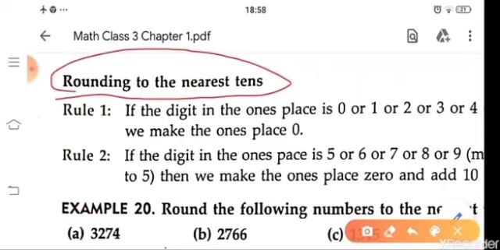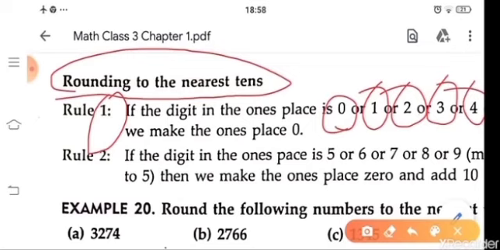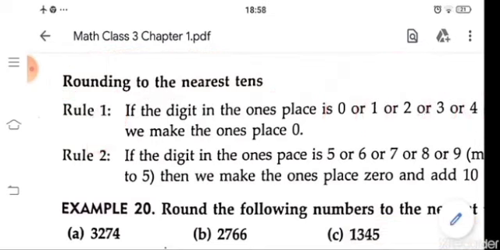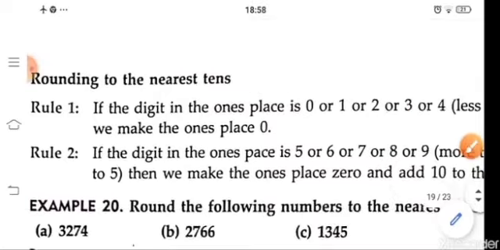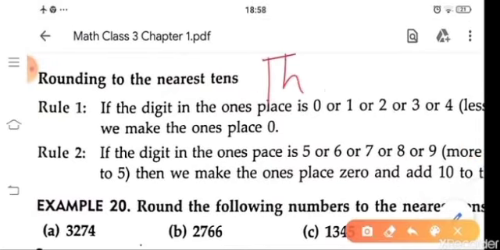Children, there are rules for rounding the numbers. So rule number 1: if the digit in the ones place is 0, 1, 2, 3 or 4, children, you know the places: thousands, hundreds, tens, ones. So ones is this.